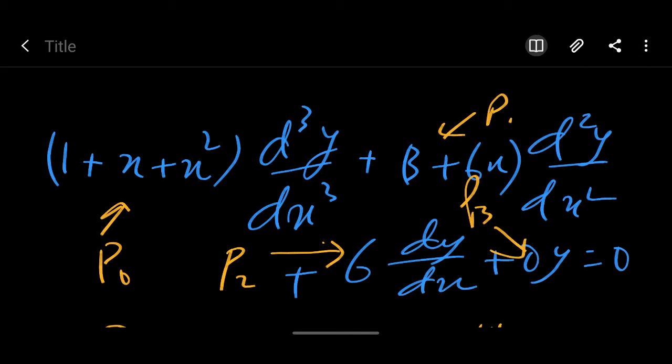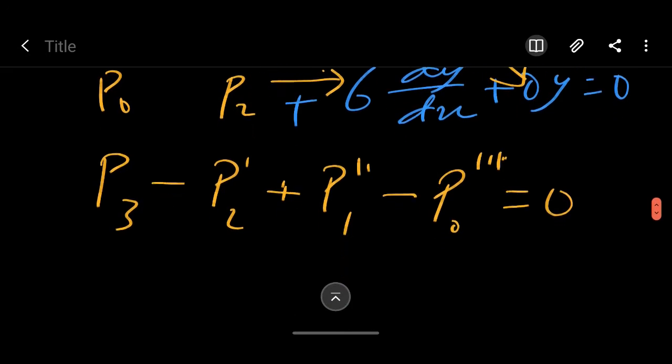And likewise, here we have P1, 3 plus 6x, the coefficient of the second order derivative. So this P1 we have to differentiate 2 times. We have to find the second derivatives, and so on. We put the signs alternately, like we said before. If this condition is satisfied, then we say that this differential equation is exact.